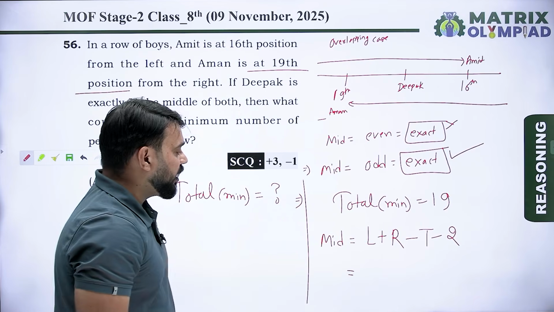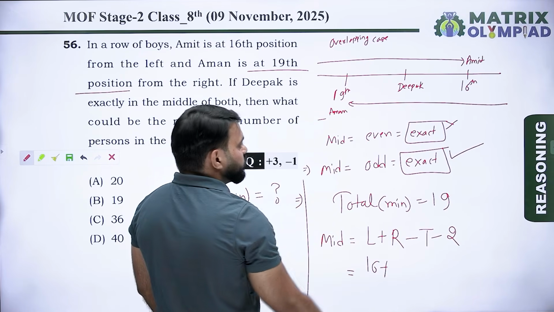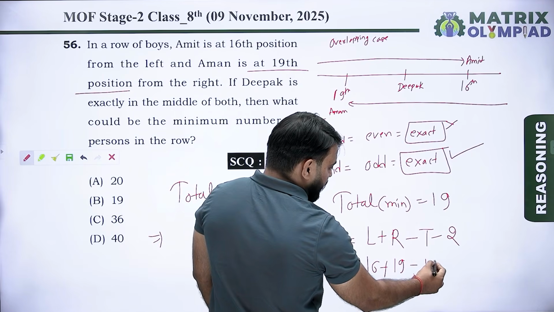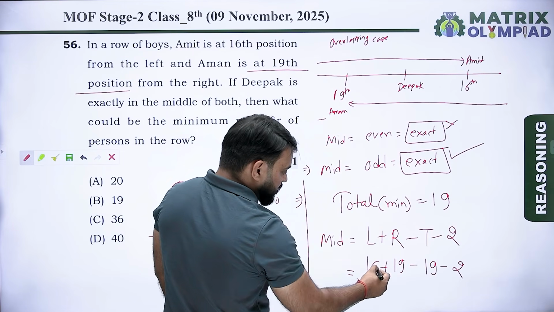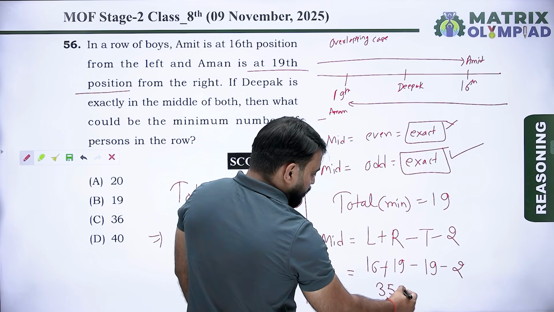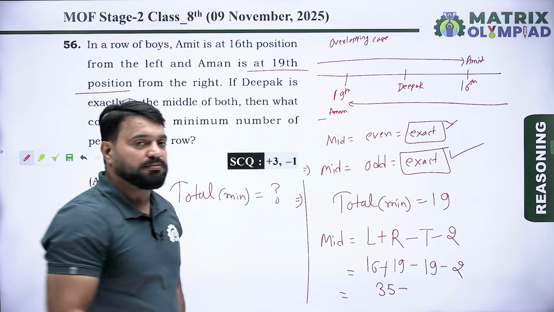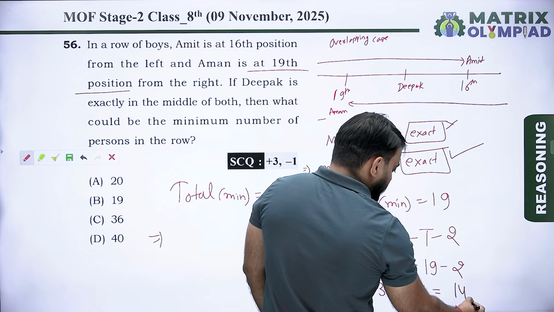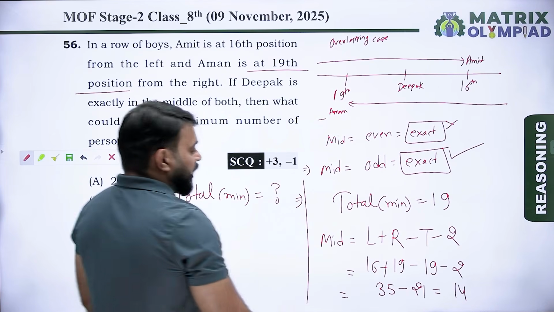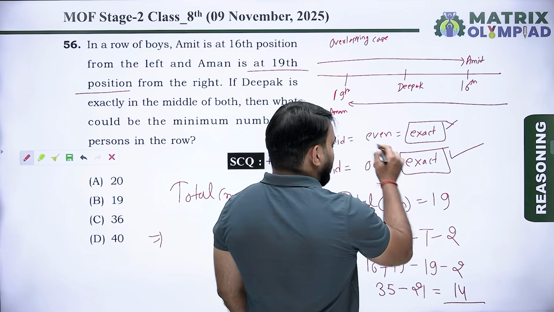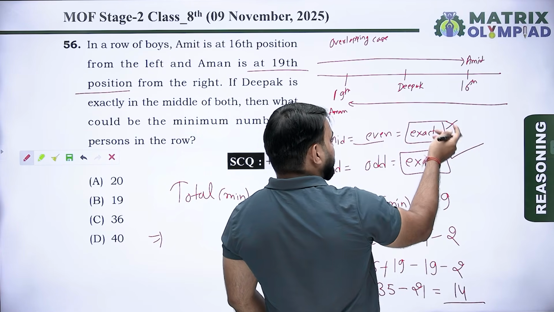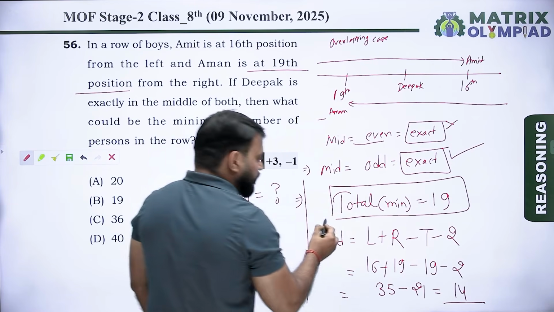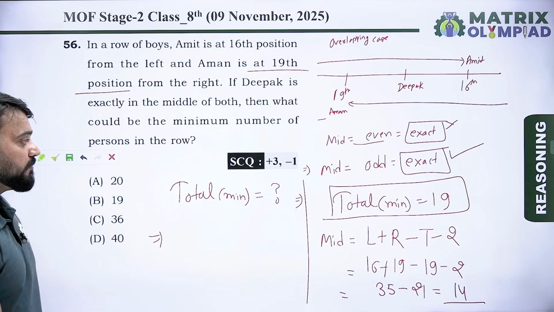Left position of Amit is 16 plus right position of Aman is 19 minus total 19 minus 2. So 16 plus 19 means 35, minus 19 minus 2 means minus 21. So 35 minus 21 means 14. So here number of mid people is equal to 14, which is even. So Deepak is not exactly in the middle of Aman and Amit when total number of people is 19.